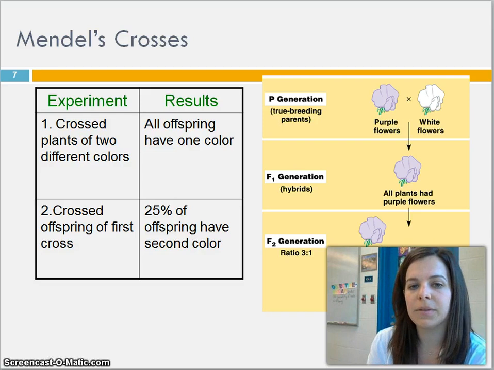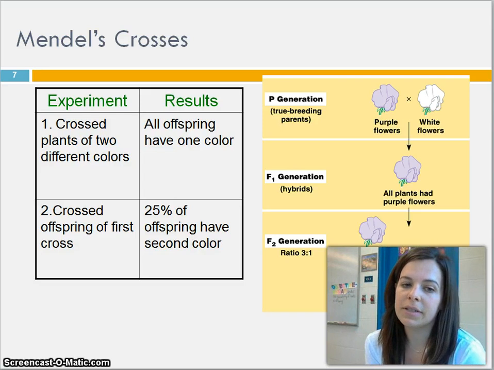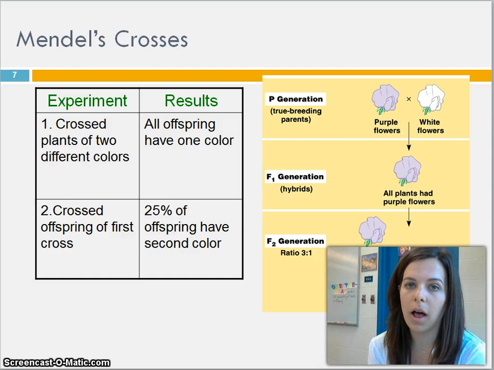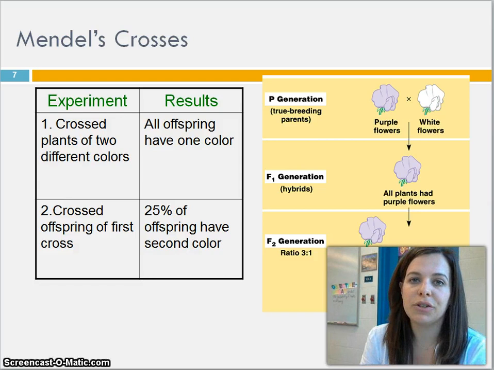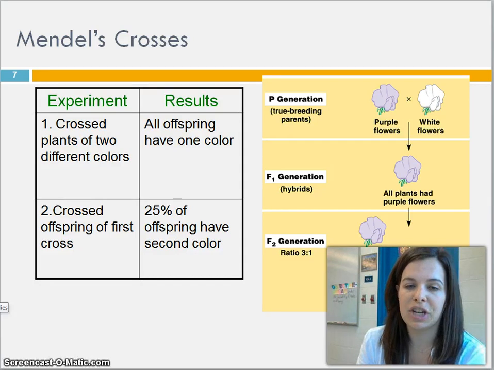And so what he found was that in the first cross, all the offspring have one color. But in the second cross, 25% of the offspring have the second color. And so you see that trait come up again in the second generation.